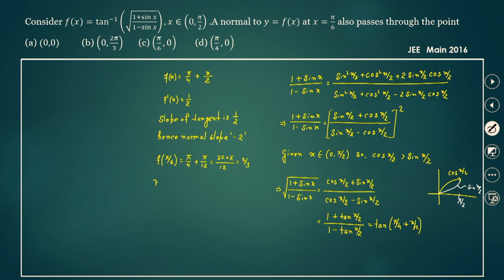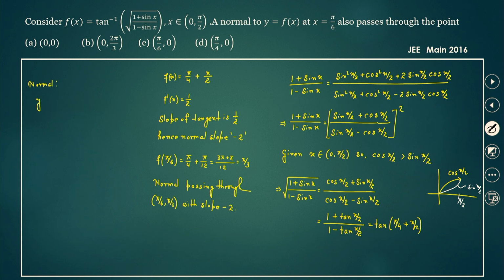So we need to find the normal passing through the point pi by 6, pi by 3 with slope minus 2.